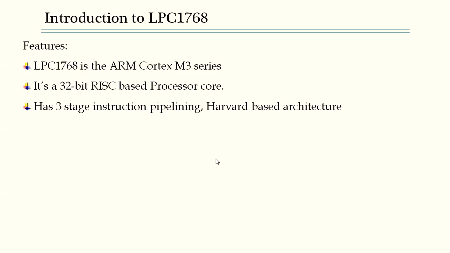The next feature is the Harvard based architecture. The architecture of any controller or processor is based on different parameters. As in the previous point we said RISC, there are controllers which are designed using CISC processors.